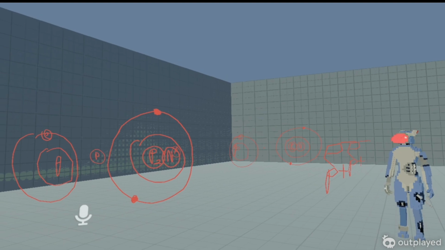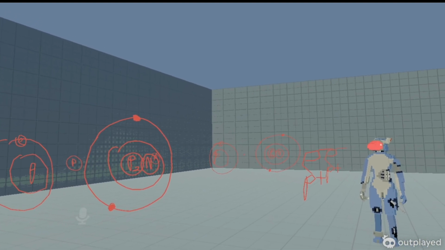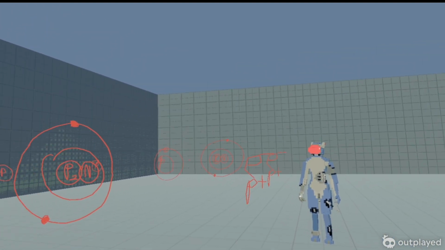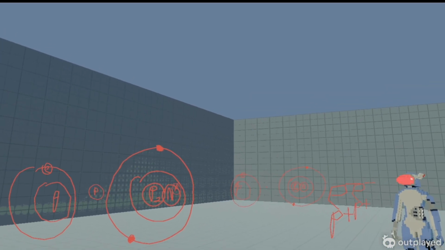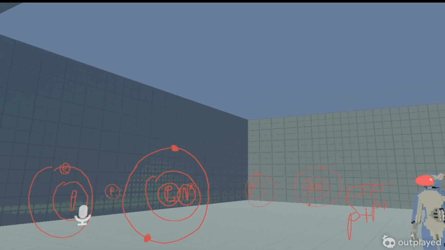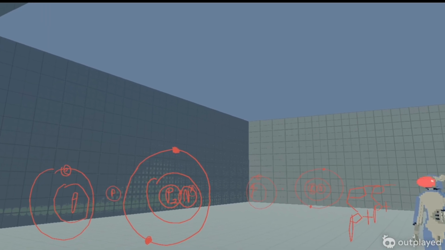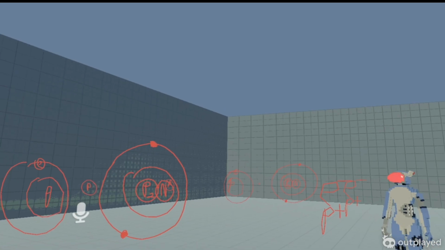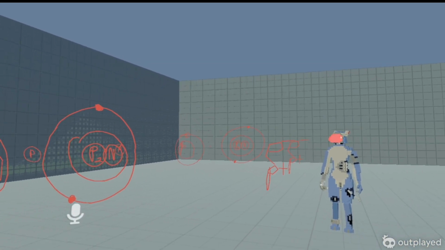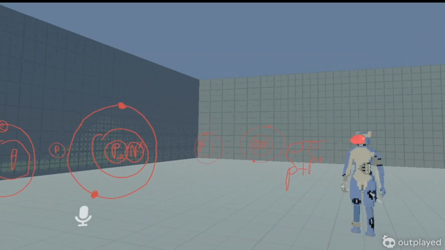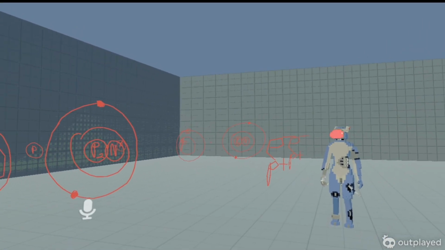Alright, there's a periodic table. That one works. Alright, there's hydrogen, then there's helium, then there's lithium.